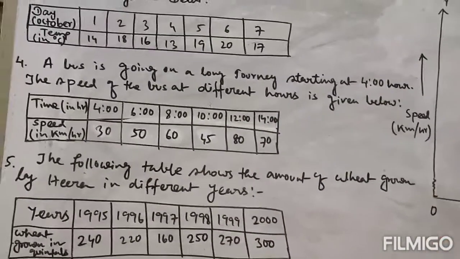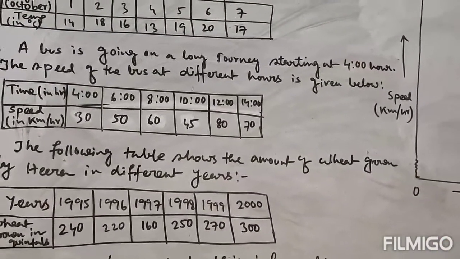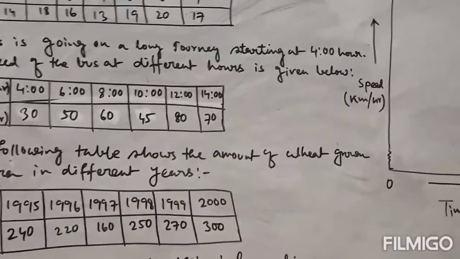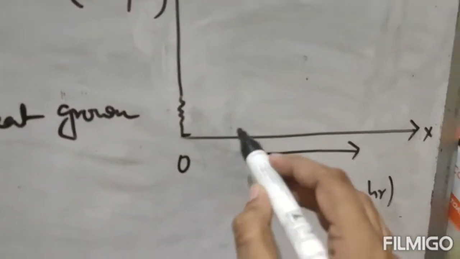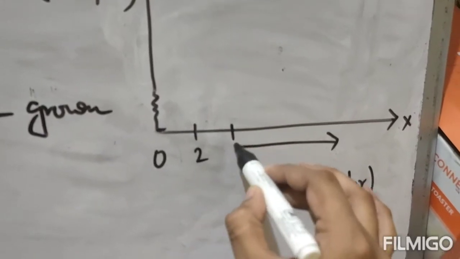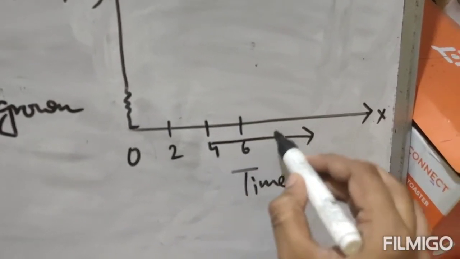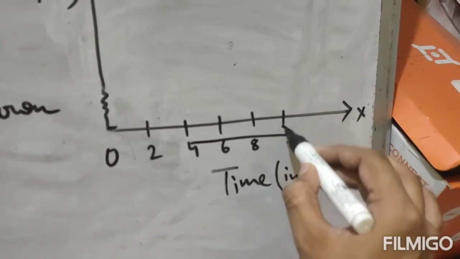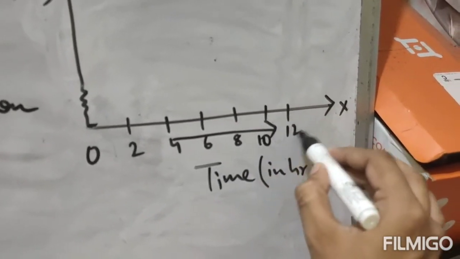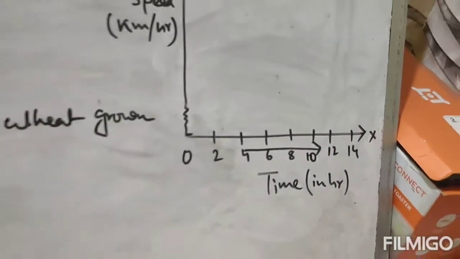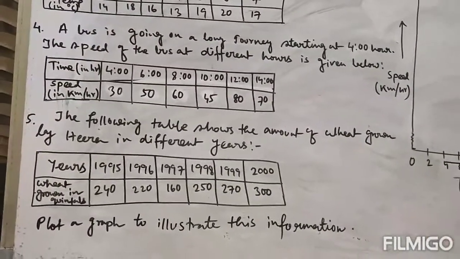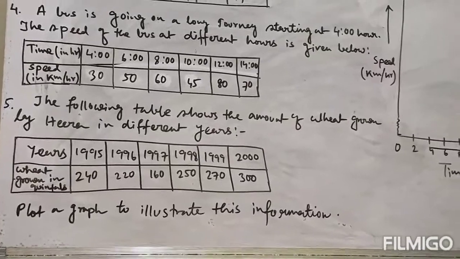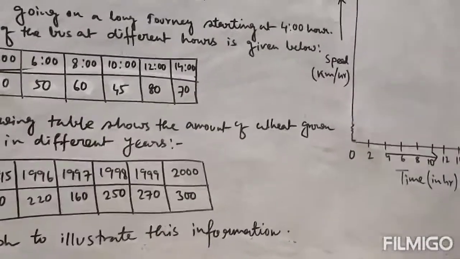Now time is given as 4 hours, 6 hours, 8 hours, 10 hours, 12 hours and 14 hours. So plot it by taking 2 units: 2 hours, 4 hours, 6 hours, 8 hours, 10 hours, 12 hours and 14 hours. Clear? And speed is given as 30, 50, 60, 45, 80 and 70.